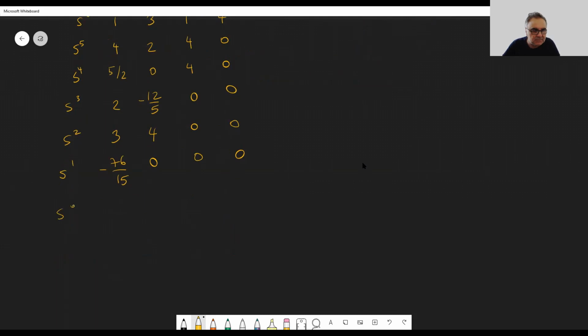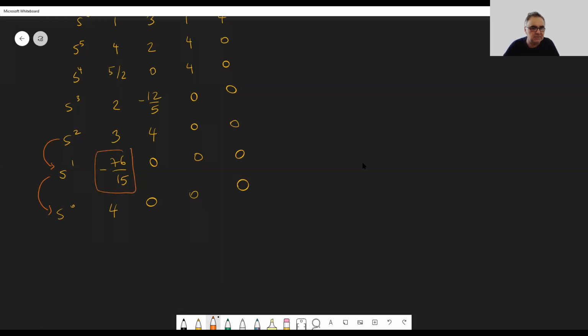The last one is s to the 0. It will be 4 times minus 76 over 15 divided by minus 76 over 15, which is 4. So these are zeros. So it looked like it was going to succeed almost, but we have 1 and 2 sign changes.